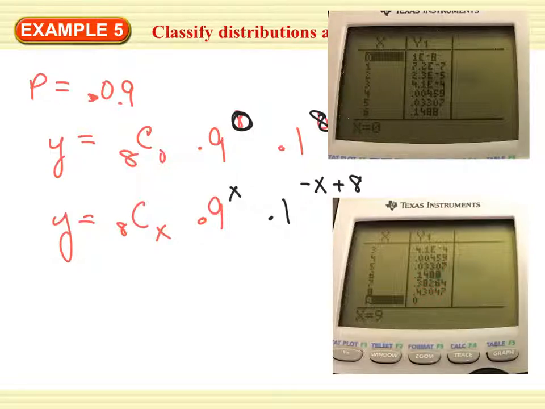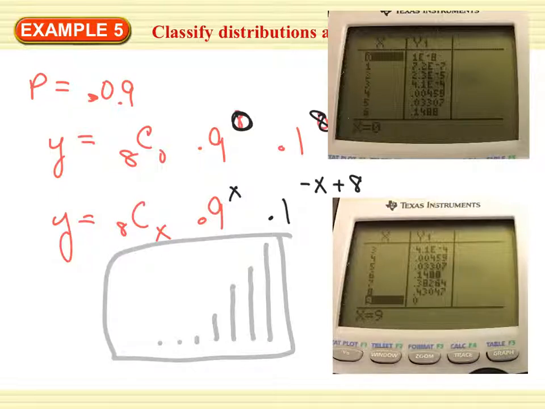So our histogram would look more like tall, okay? That would be our histogram, where 8 is the biggest and 0 is the smallest. So it's skewed because it's not symmetrical.